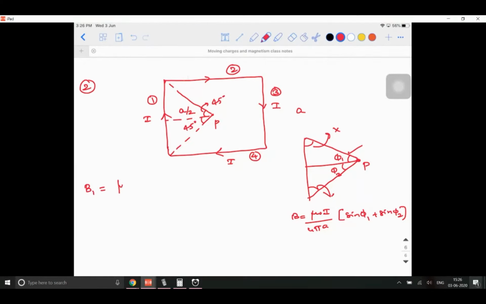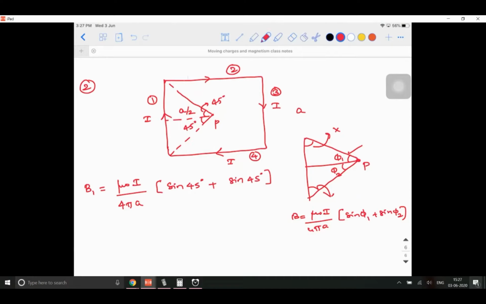It is going to be mu naught I divided by 4 pi a into sine 45 degrees plus sine 45 degrees.